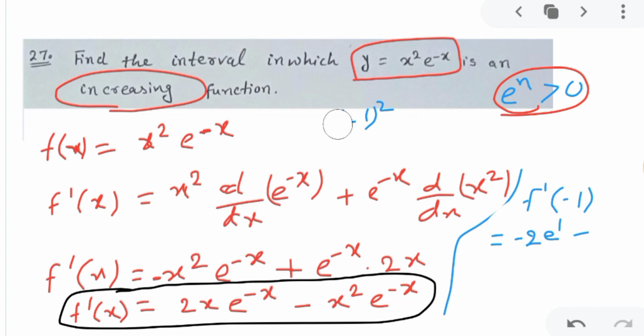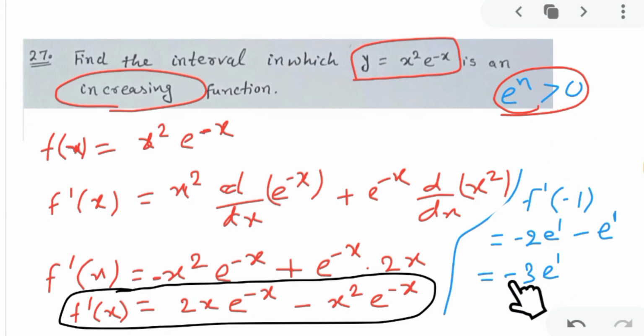So plus 1 into e to the power 1, which means e to the power 1. E to the power 1 you will take common, then minus 2 and minus 1 will be minus 3 into e to the power 1. E to the power 1 or e is the same, so e to the power anything will be positive.